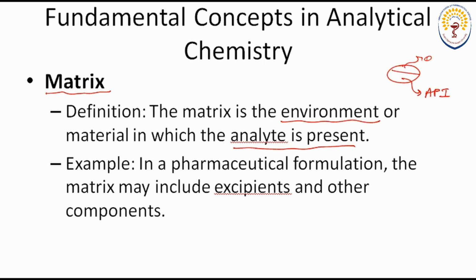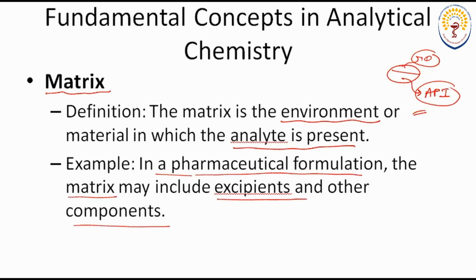All these components apart from the API are known as the matrix, meaning the environment in which the API is present. So the example says the same thing: in a pharmaceutical formulation, the matrix will include all the excipients and the other components.